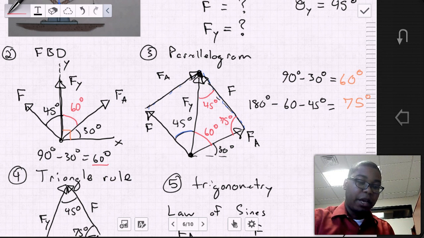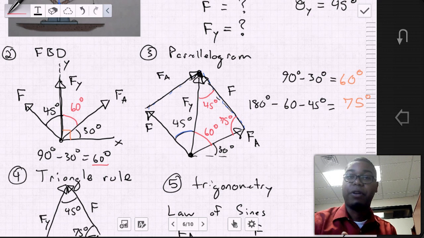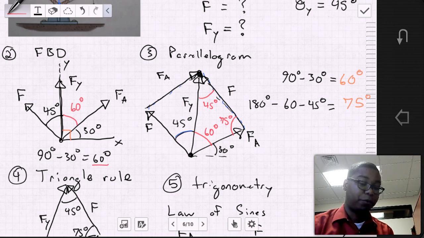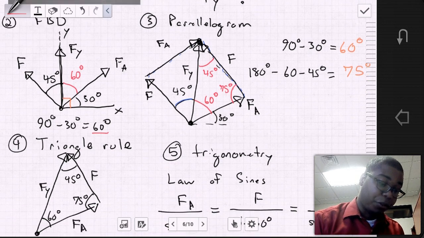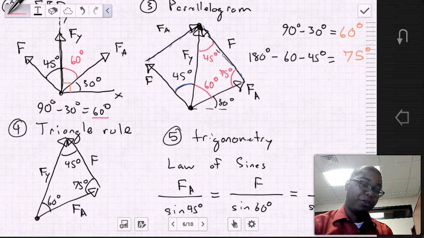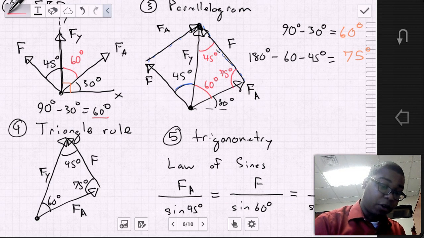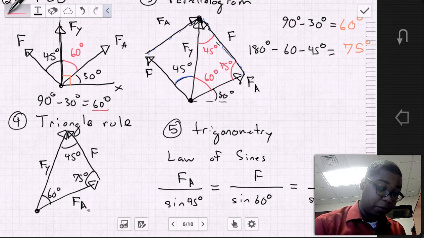And so now that we found and filled in all this angular information inside the parallelogram, we can transfer this information into our triangle rule, right? So with the triangle rule, again, we do a heads-to-tails approach of the components. So we can start with Fa, from point O to the head of Fa.